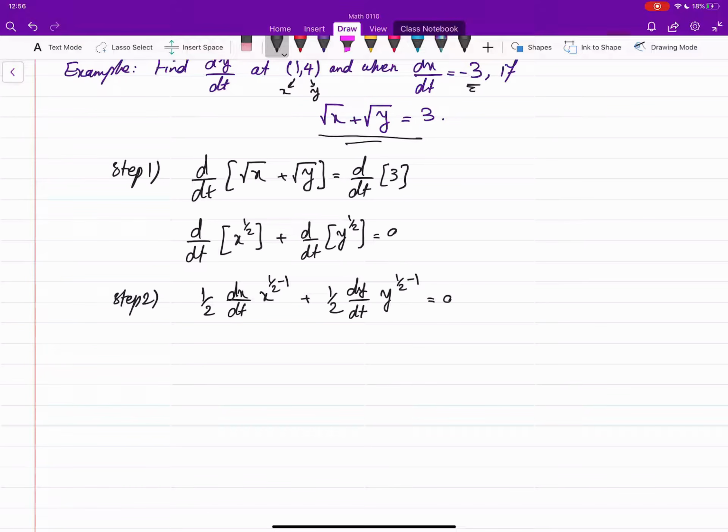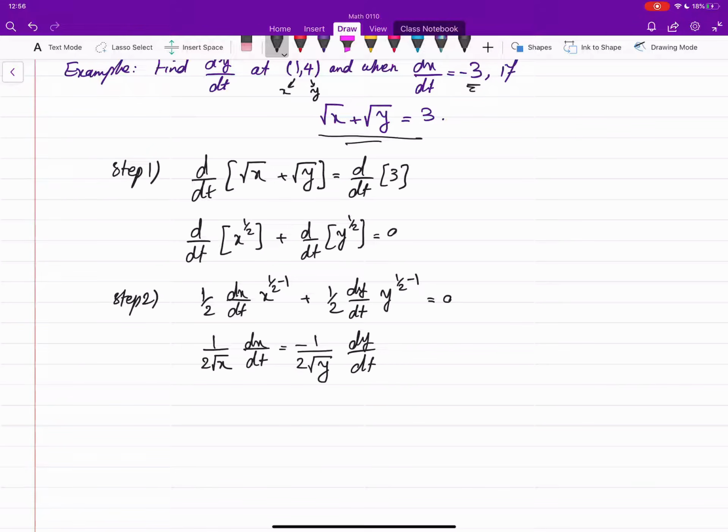But let me just do a little bit of simplification here. For example, this will give me 1 over 2 root x dx dt. And I can take this guy to the other side, and we see that this is 1 over 2 root y dy dt.